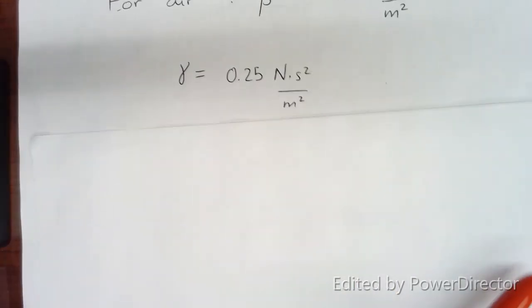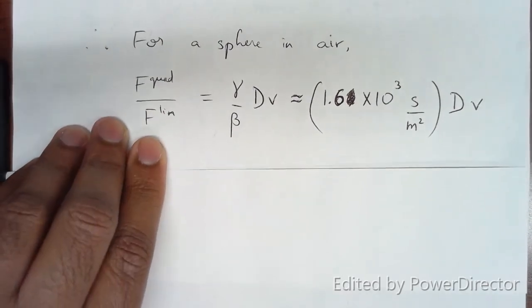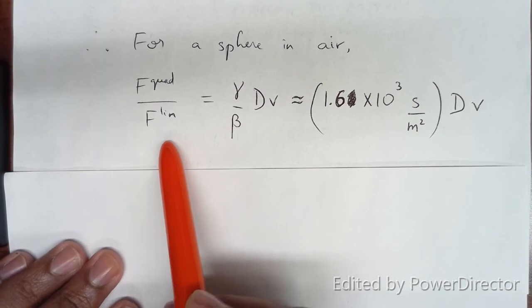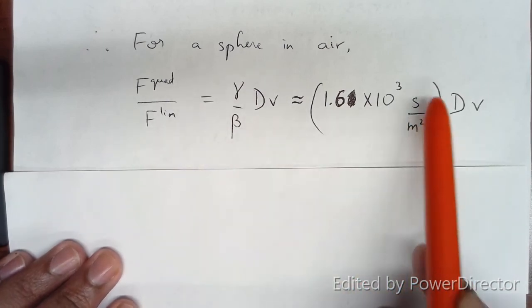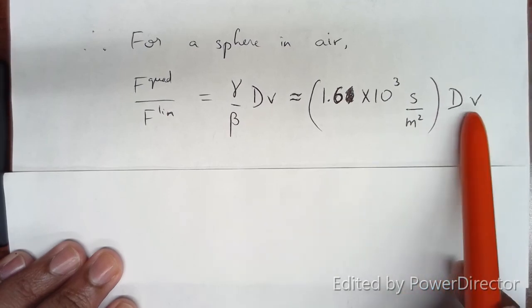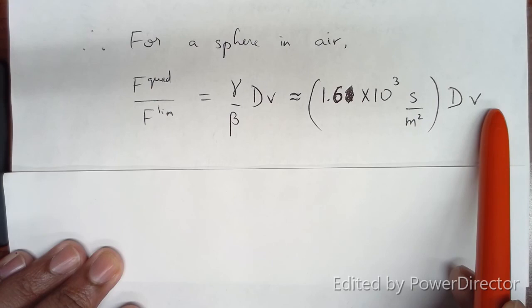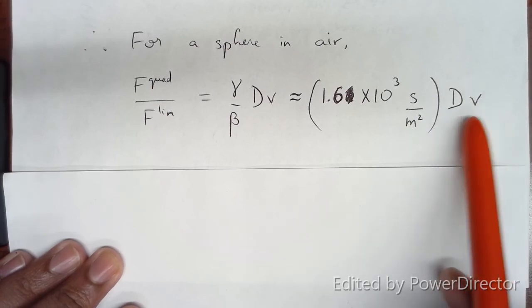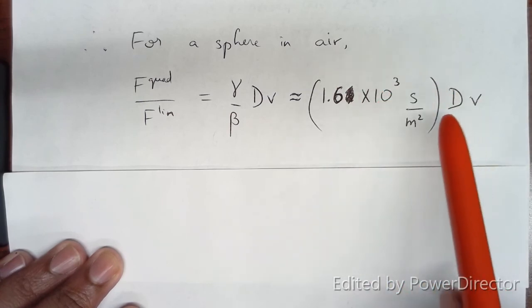And so putting those together, for a sphere moving through air, we find that the ratio of F quad over F linear is given by 1.6 times 10 to the 3 seconds per meter squared times the diameter D times the speed v. This shows us that unless we are dealing with small velocities and diameters, then most of the time the quadratic drag force will dominate.